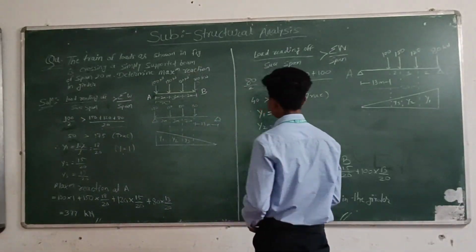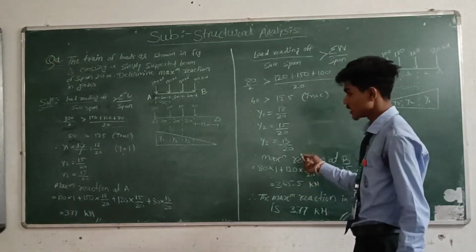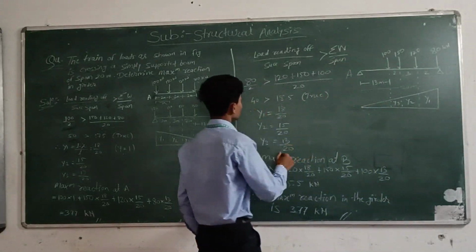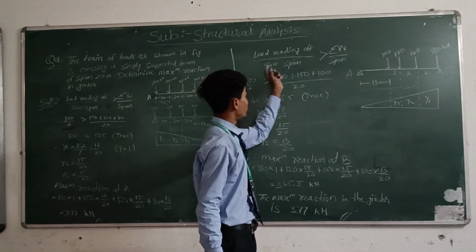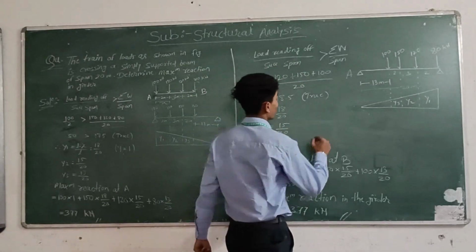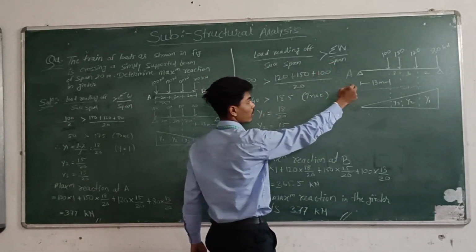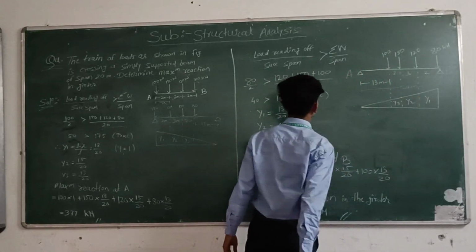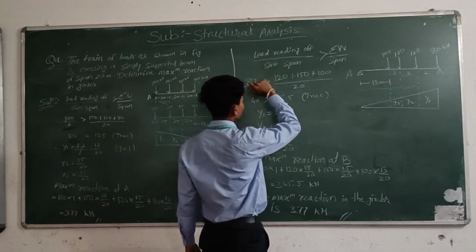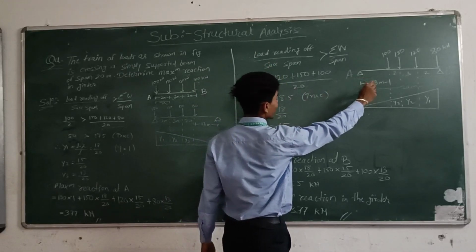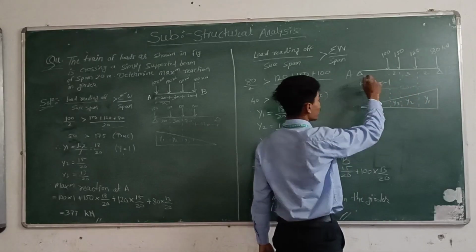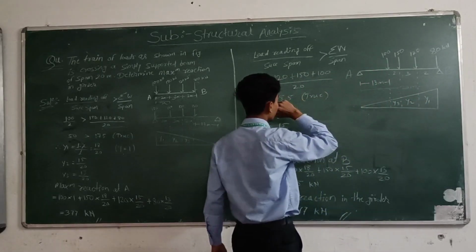And then we will find the maximum reaction at point B. Here is the formula. First of all, the lead load upon successive span should be greater than the summation of all loads upon the total span. Here the lead load is equal to 80, going from B to A, from right to left.